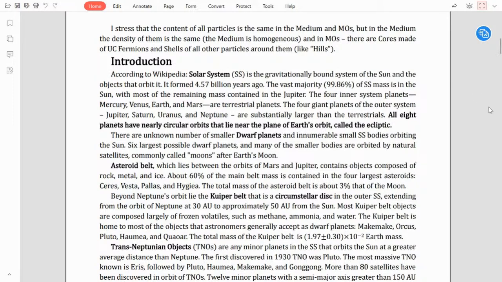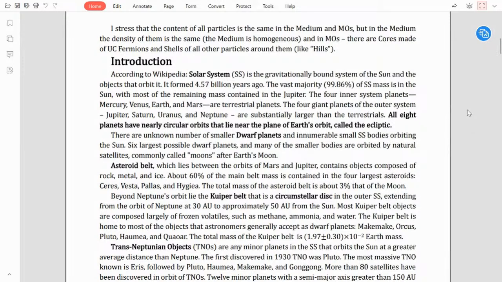Introduction. According to Wikipedia, the solar system is the gravitationally bound system of the sun and the objects that orbit it. It formed 4.57 billion years ago. The vast majority of solar system mass is in the sun, with most of the remaining mass contained in Jupiter.